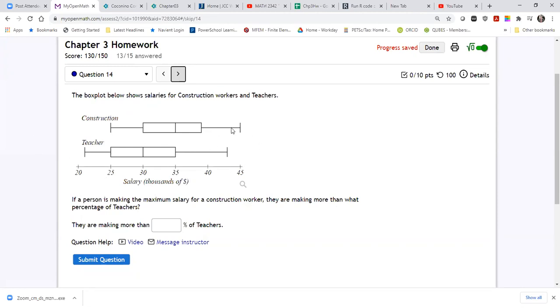Okay, because this is the maximum here. So you compare with the teacher, so the teacher plot will cover all of this, right? So you know every part here represents 25% because it's a quartile, right? So each part here represents 25%. Because you cover the whole thing, you add them all. So 25 plus 25 is 50, plus 25 is 75, plus 25 is 100%. Okay.